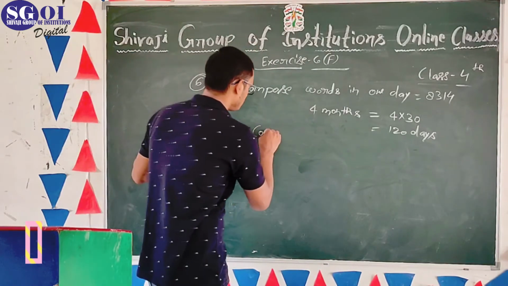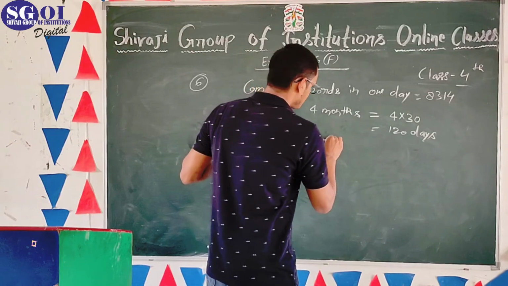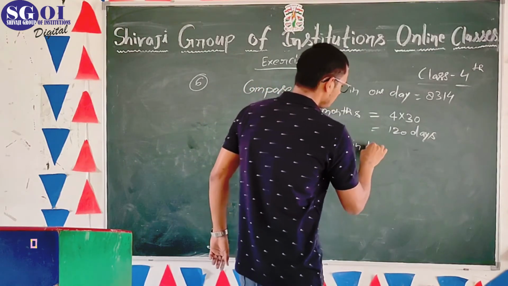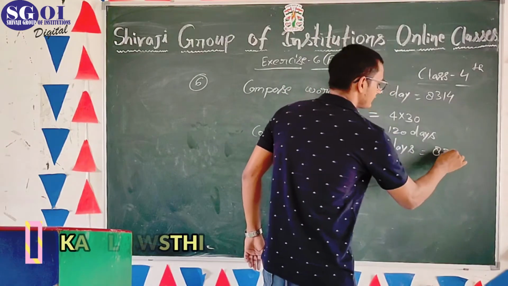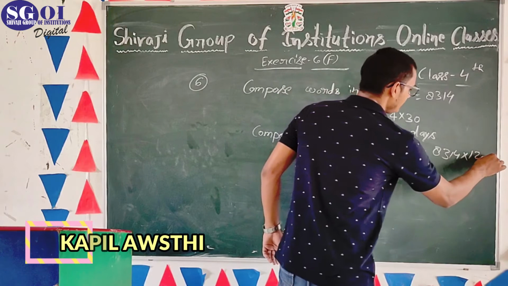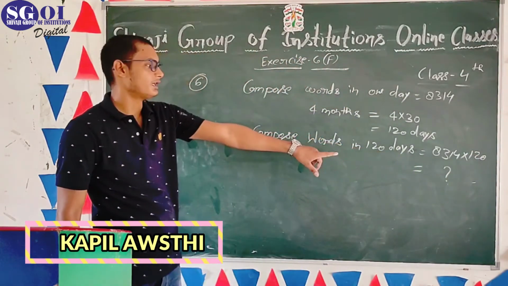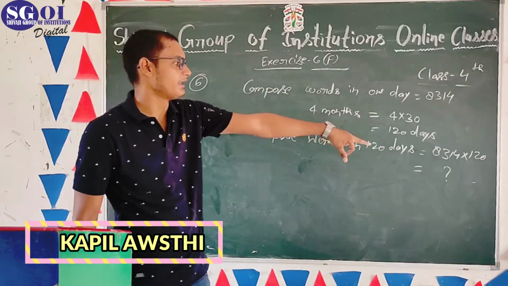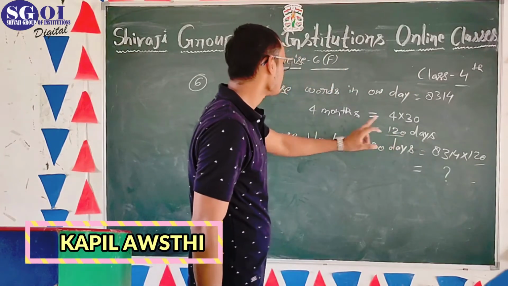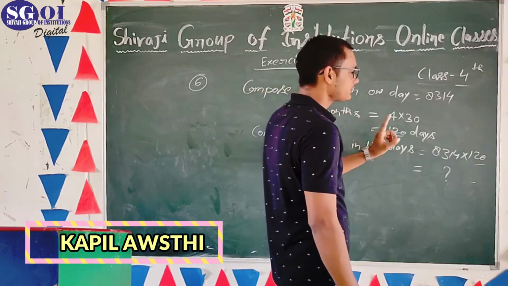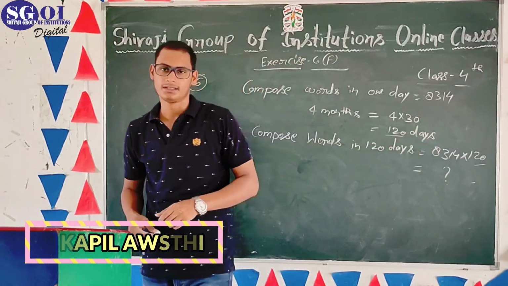So words composed in 120 days is equal to 8,314 multiplied by 120. Multiply and find the answer.